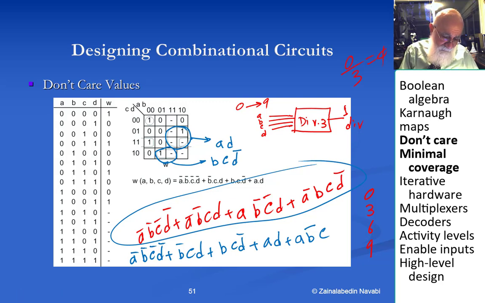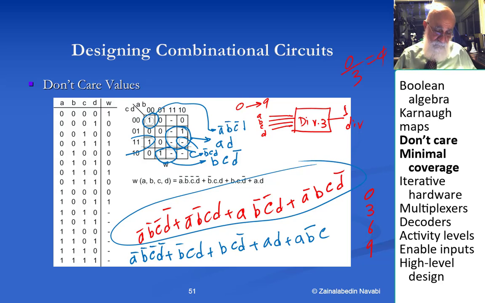I have another map here which maps with this one over here, and this one turns into B bar, C, D. Okay, and finally this one doesn't help anyway, and then this one is A bar, B bar, C bar, D bar.